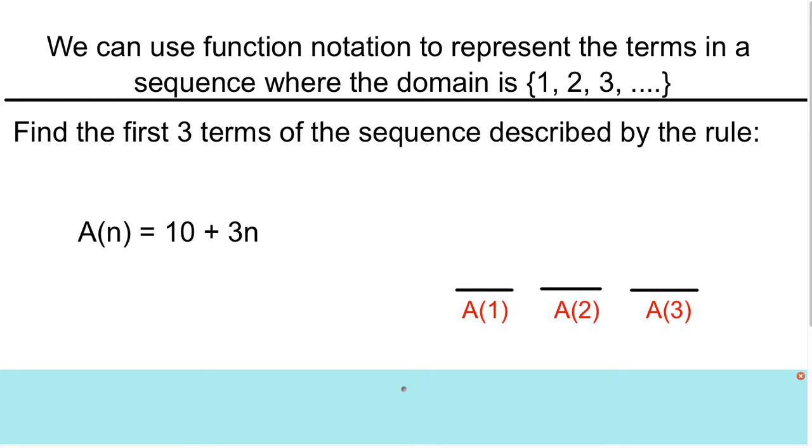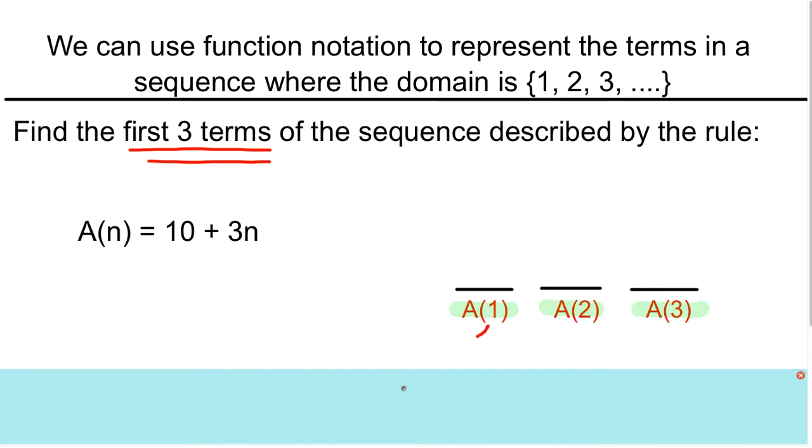We can use function notation to represent the terms of a sequence, where the domain is 1, 2, and 3, and so on. In order to do that, to find the first 3 terms of the sequence described by the rule, we simply find a of 1, a of 2, a of 3, which means we plug a 1 into this equation, get 13.